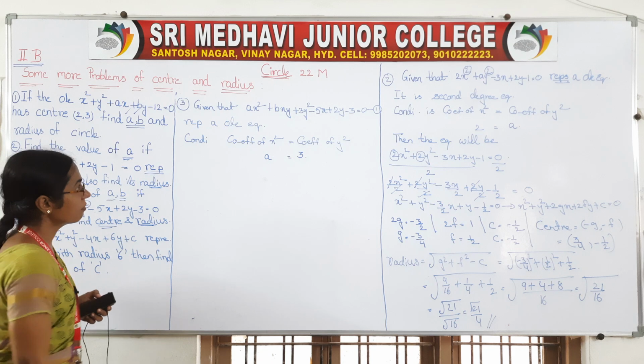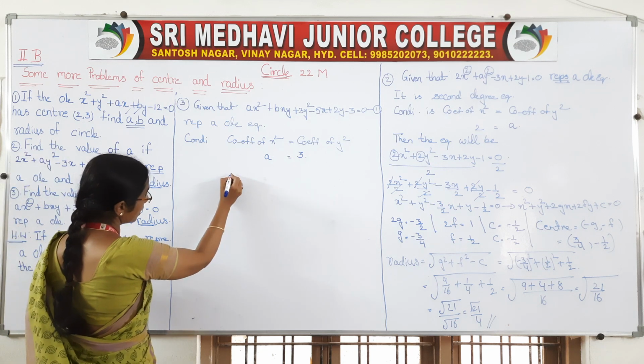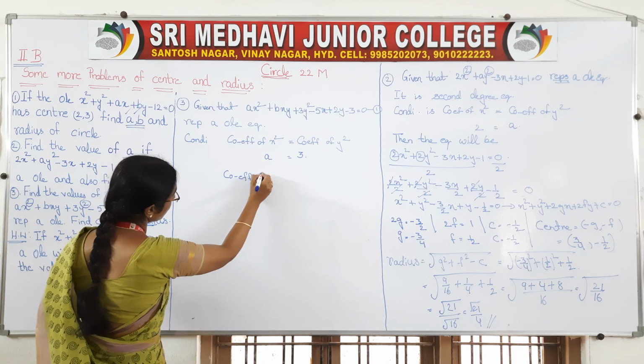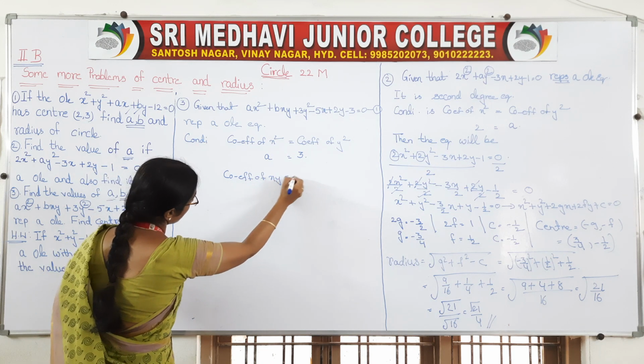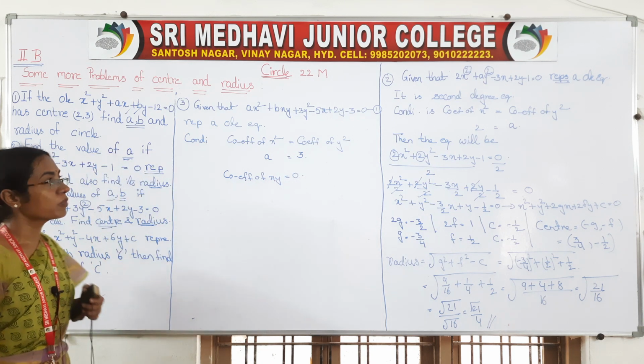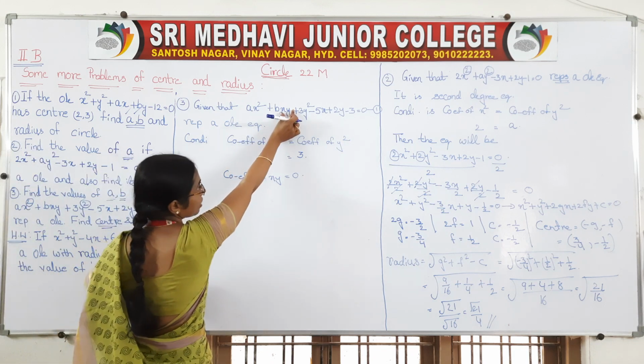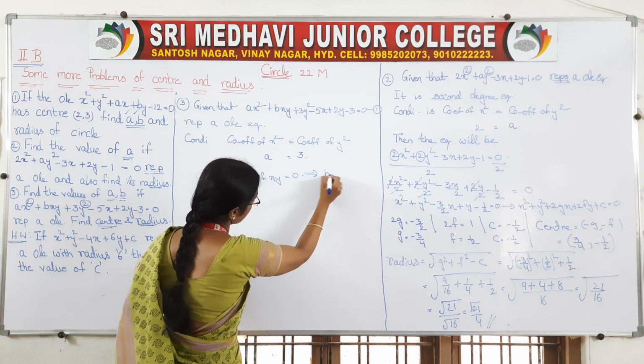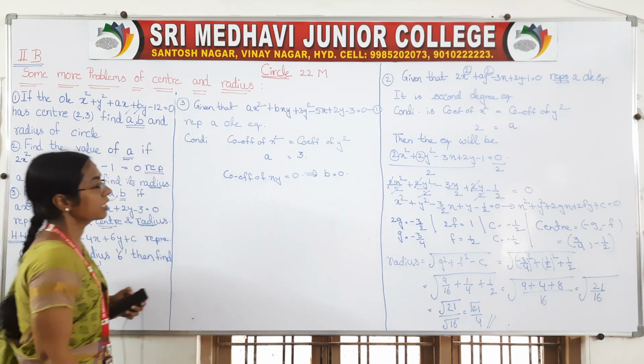We got our a value. Another condition is that the coefficient of xy is equal to 0. That means the multiple of the xy term should be 0, which implies b is equal to 0.